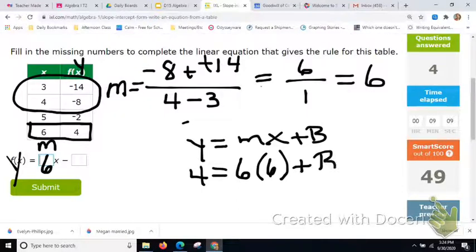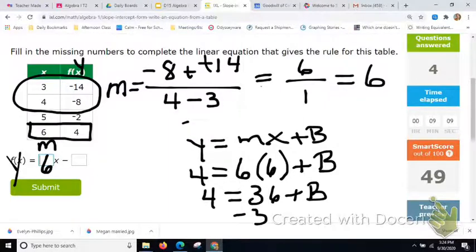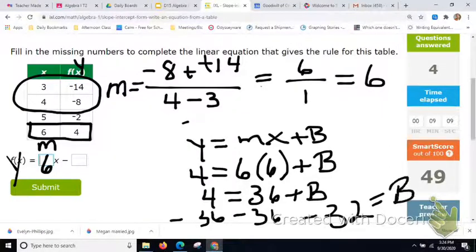And then I'm looking for b. And this is telling me I already know b is going to be negative because they wrote a minus sign. So 4 is equal to 36 plus b. Take away 36. I get negative 32 is b. Now the minus sign is already there, so I just type in the box 32.